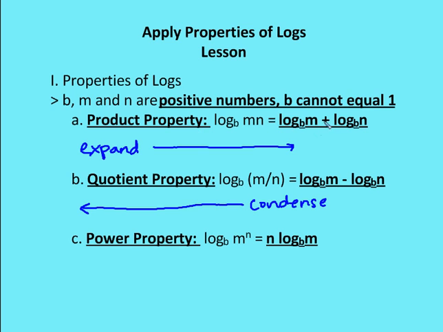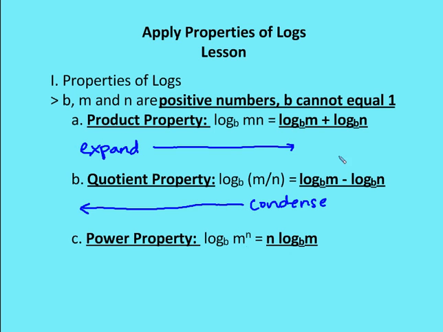Combining in the product property gives me the product of the two factors. Expanding in the power property places the exponent of m in front of the log, and then condensing places the exponent on the m value.